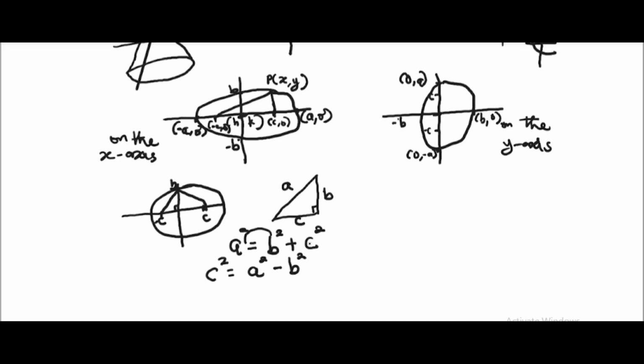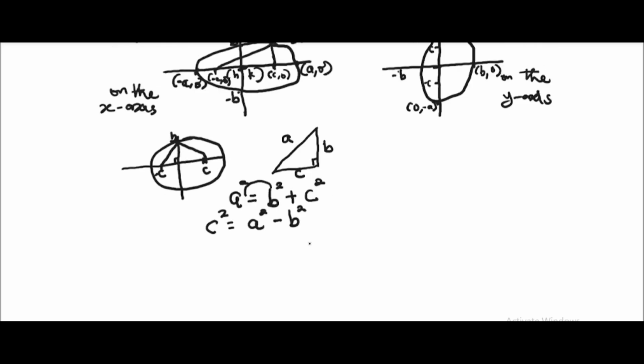So for every ellipse given to you, to find the foci, the square of c is equal to the square of the major vertex minus the square of the minor vertex, as simple as ABC. If you take the square root of both sides, you find your foci.